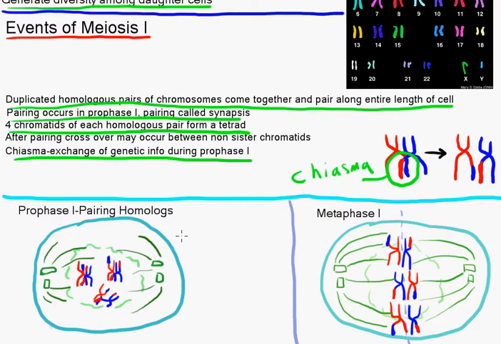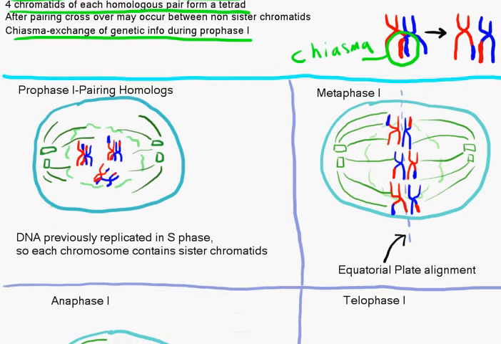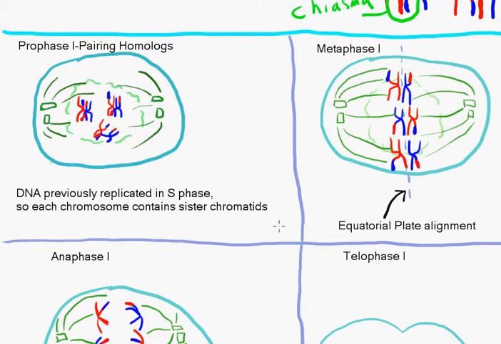And then I just wanted to document all of the phases that go along with meiosis 1. So prophase 1 is the pairing of the homologs. As you can see here, they are getting together and pairing up, and this is also where in prophase the genetic information is transferred over from each chromosome.